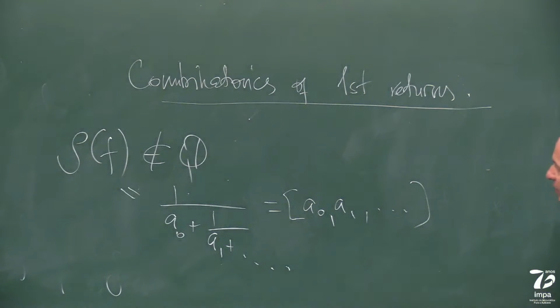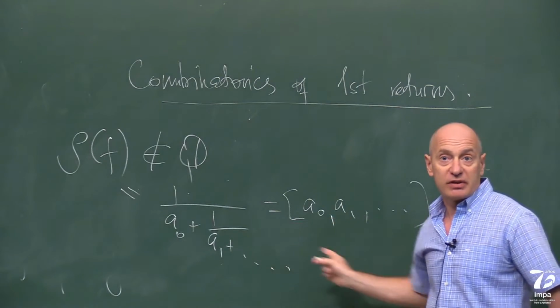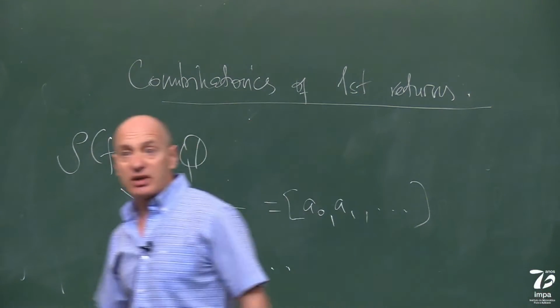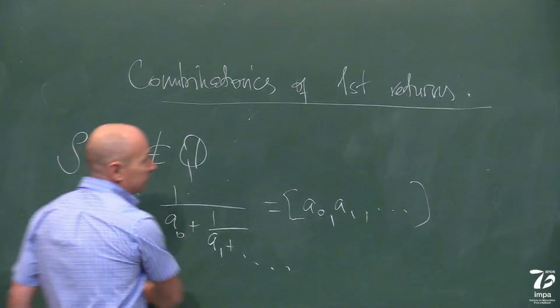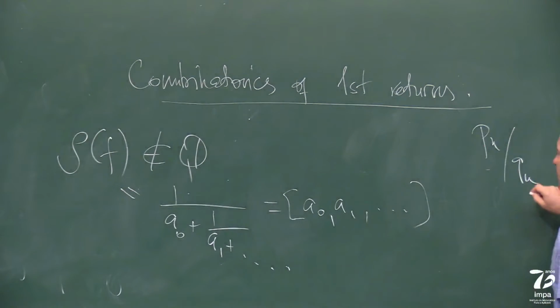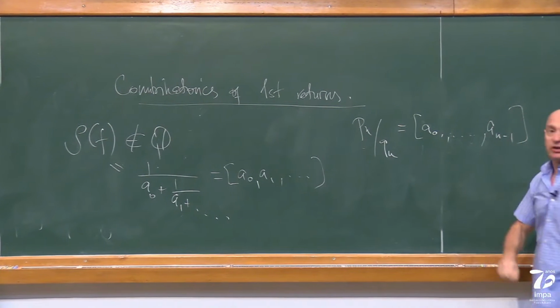And then, of course, we have a sequence of convergents, which are the finite truncations of this continued fraction, which give best rational approximations for the rotation number. They're usually denoted by p_n over q_n. So this would come from a continued fraction with n terms.